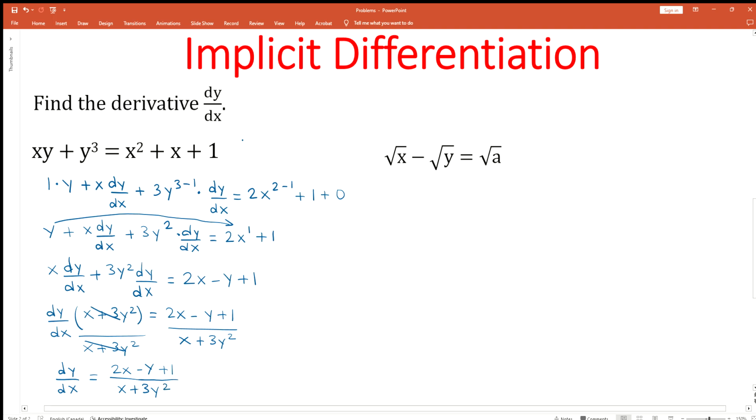This is the expression for dy over dx for the first equation. We cannot simplify this expression, so this should be the final answer.